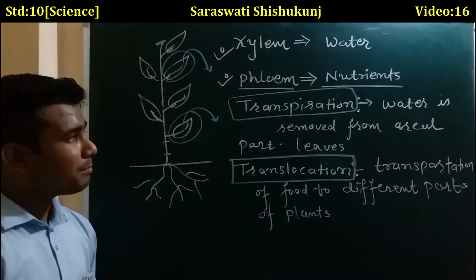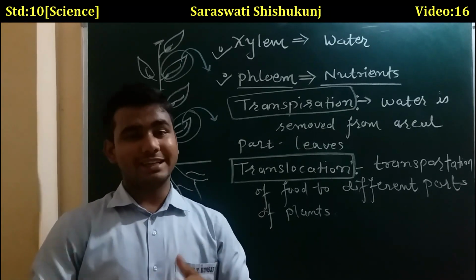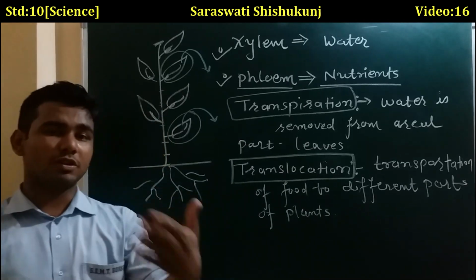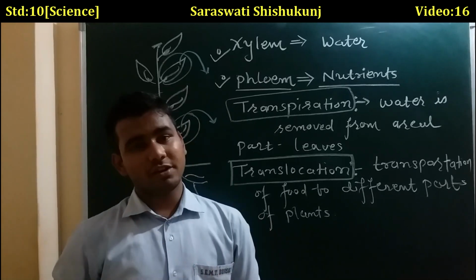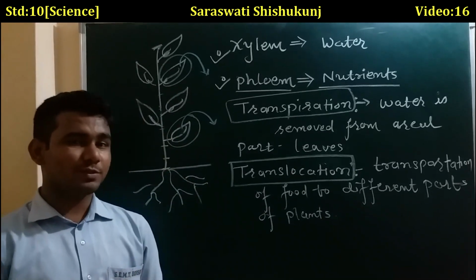So how transportation is done in plants with the help of transpiration and translocation is explained here, and it is also provided in your worksheet and assignment. So focus on your worksheet and assignment and try to understand the questions asked.